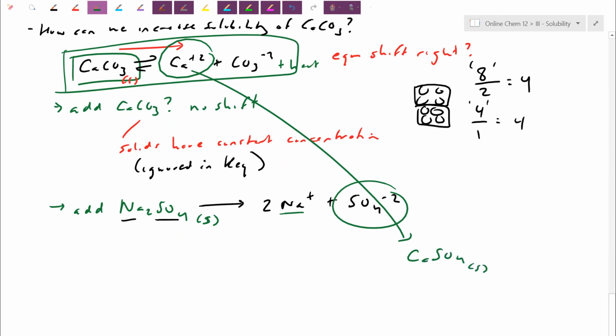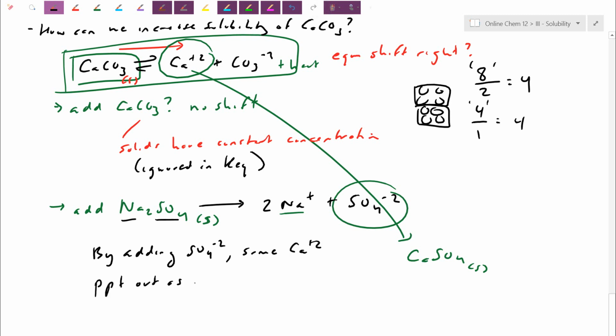Right? So in this case here, we have calcium, we have carbonate here. What's going to happen by adding, let me write this in words for you, by adding sulfate, some calcium precipitates out as calcium sulfate, lowering the concentration of calcium.